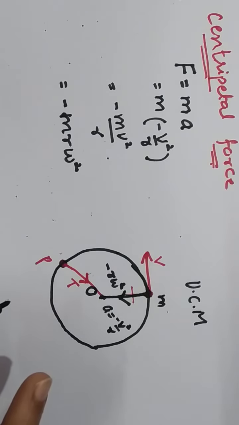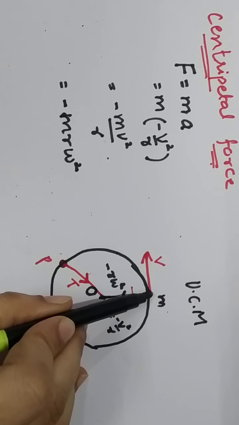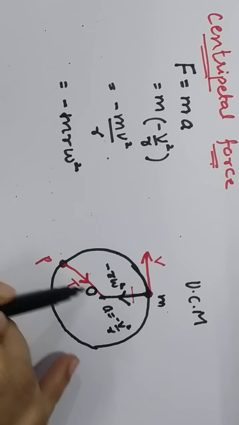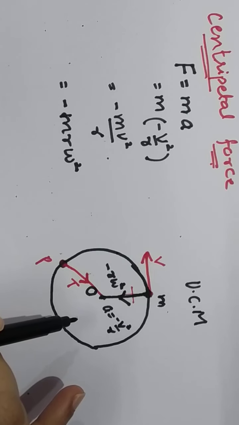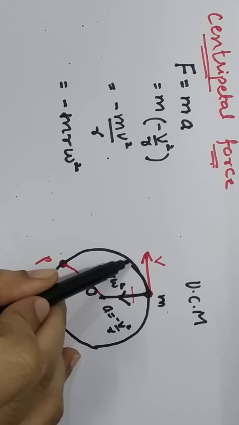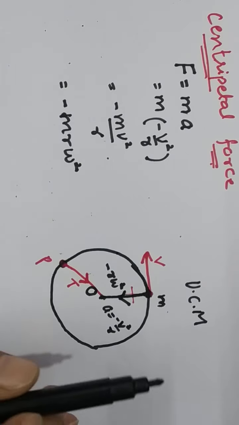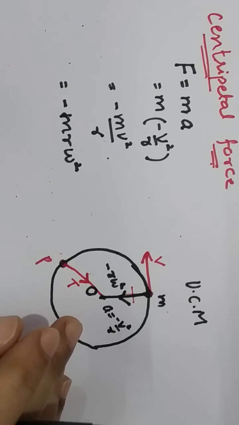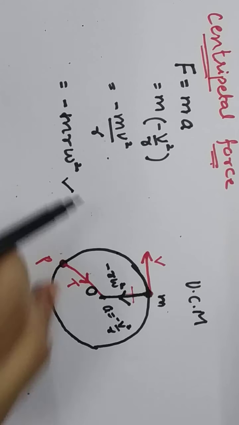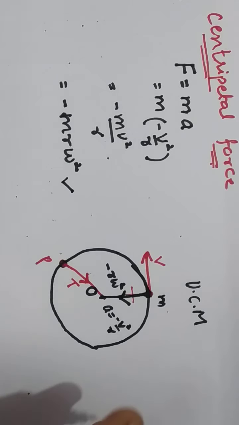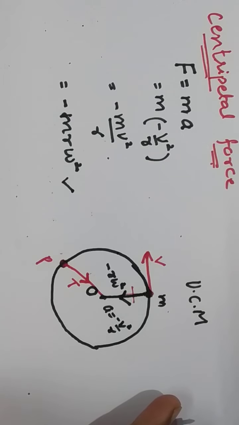Now my question is, why does the particle not move in the direction of the force? Why is it continuing its circular motion? This answer cannot be given by Newtonian theory.